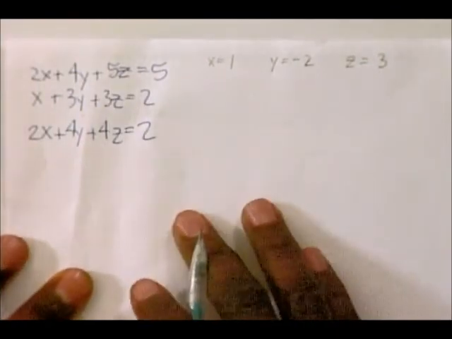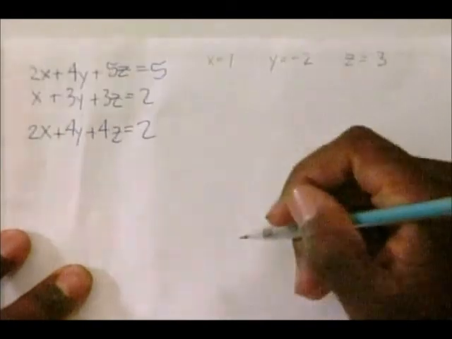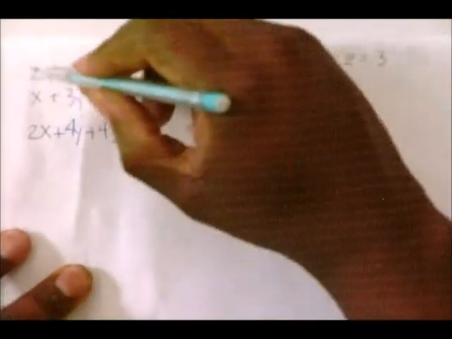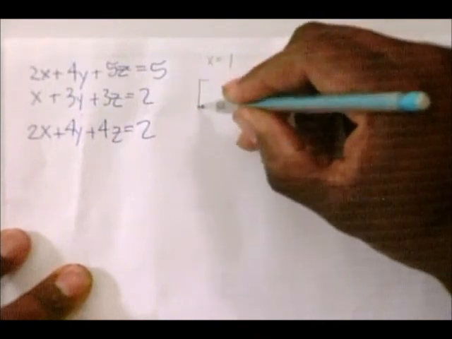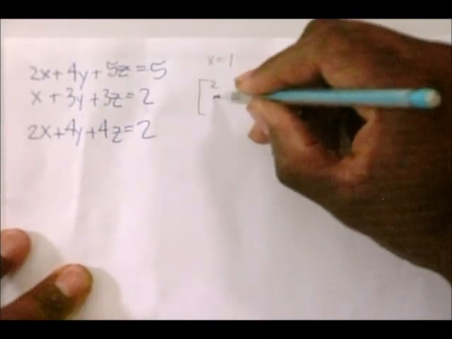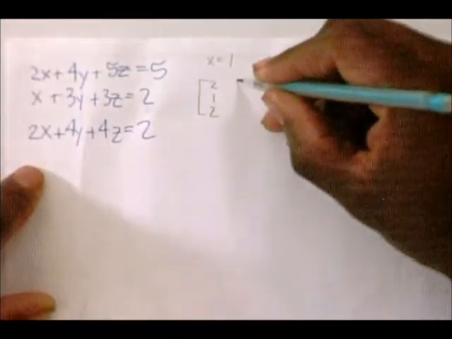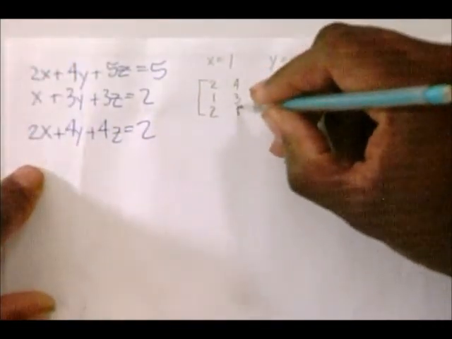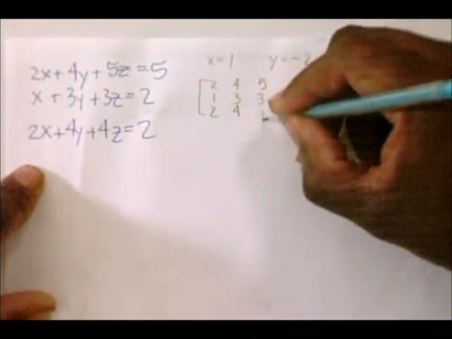All right, so the technique that we're going to be working on takes this main matrix here where you have 2, 1, 2, and then you've got 4, 3, 4, and then you've got 5, 3, 4.